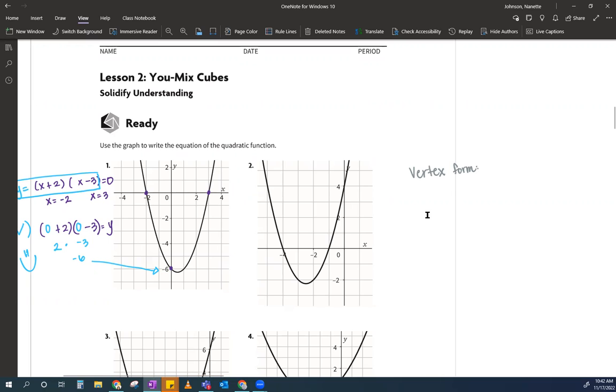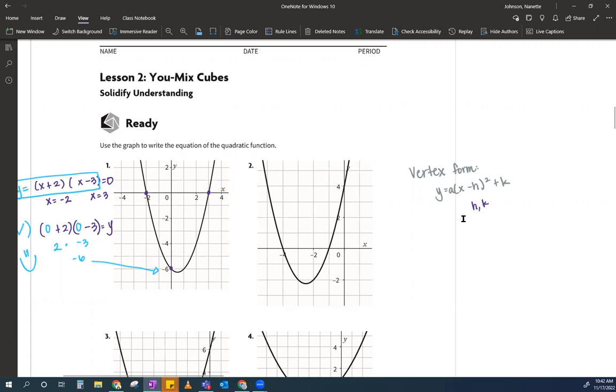It looks like this: y equals a(x minus h) squared plus k. The a out in the front is your multiplier, the thing that's going to make your function skinny or fat. So just notes really quick, (h, k) is your vertex.